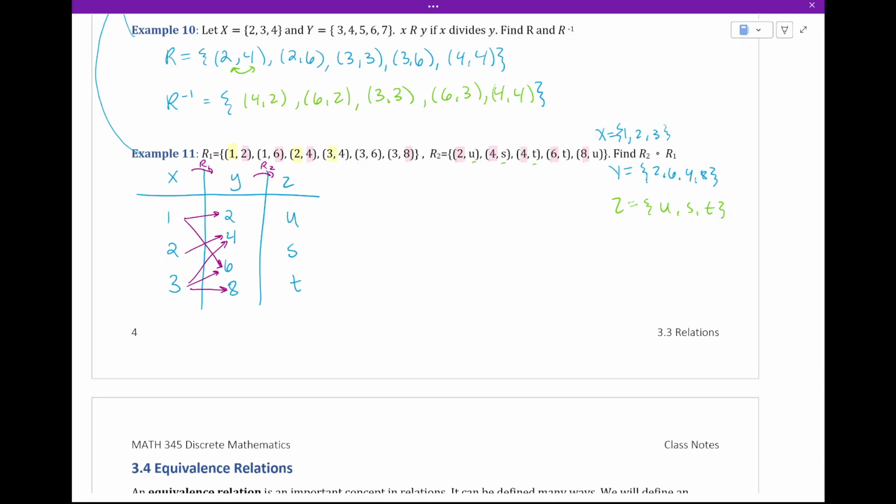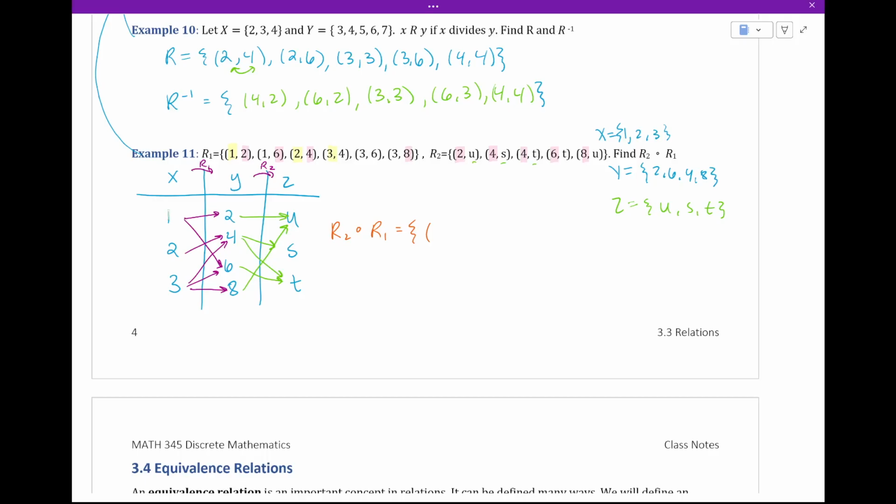Now for R2, we go from 2 to U, 4 to S, 4 to T, 6 to T, and 8 to U. So now R2 composed with R1. What color haven't I used yet? We'll do orange. R2 composed with R1 is going to be a set, and it contains the points.